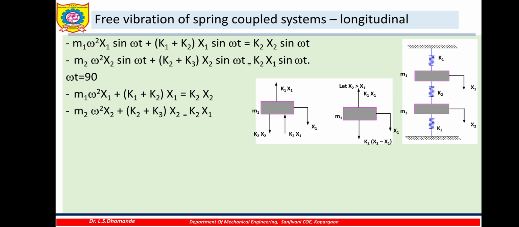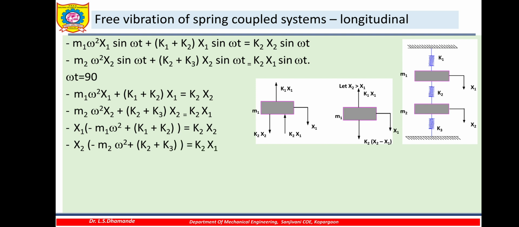Now I am separating the terms of x1 and x2. The x1 term I have written separately, x1 in bracket minus m1 omega square plus k1 plus k2. Similarly I will write the term of x2 in the second equation.